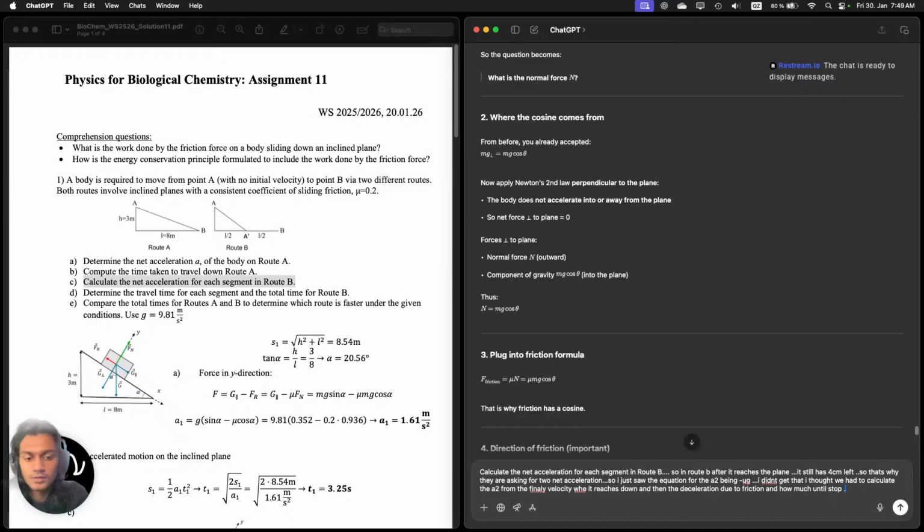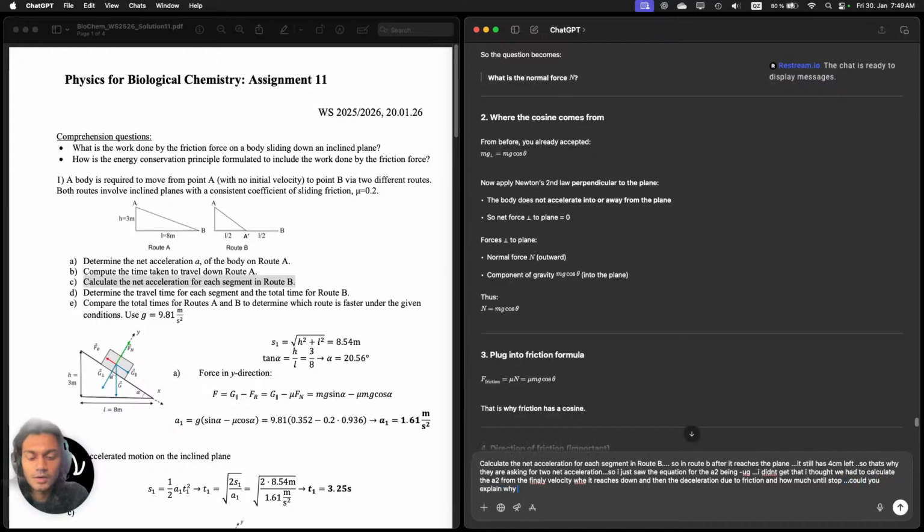But could you explain why the given solution works?